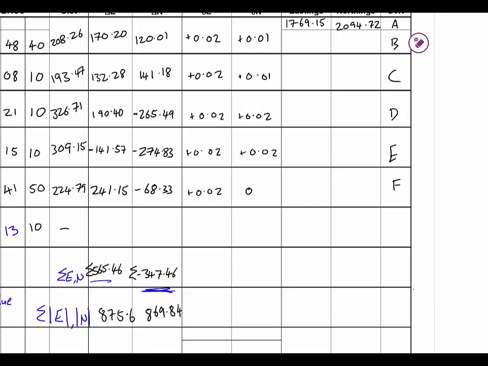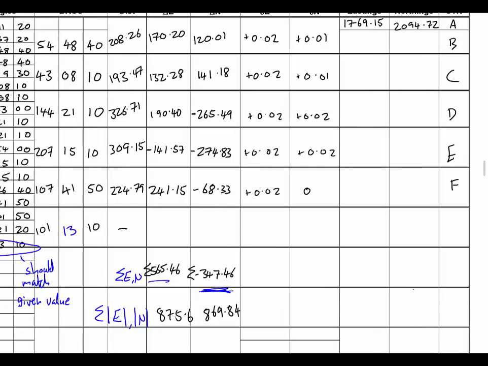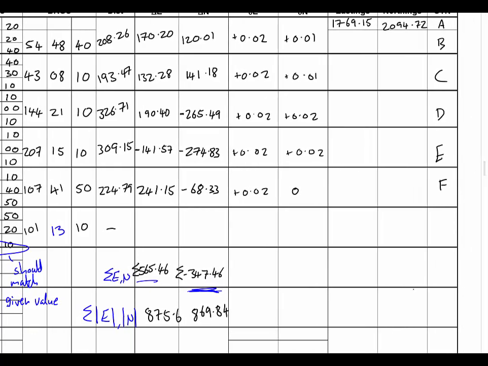So 1769.15 plus the change in Eastings from A to B, which is 170.2, plus the adjustment, which is 0.02. That gives us 1939.37.